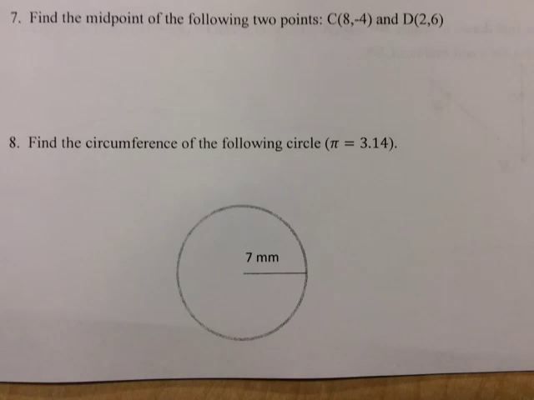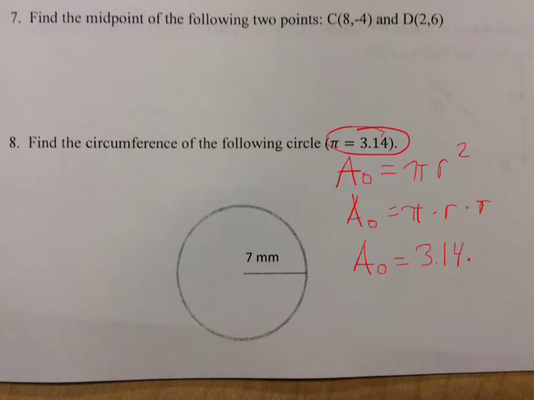Okay, on this one, to start it, you have to have the area of a circle memorized. So this is going to equal pi r squared, or pi r r. So now the area of a circle is equal to pi, which is 3.14, so I'm going to plug in 3.14, times your r is 7, times the other r, 7.